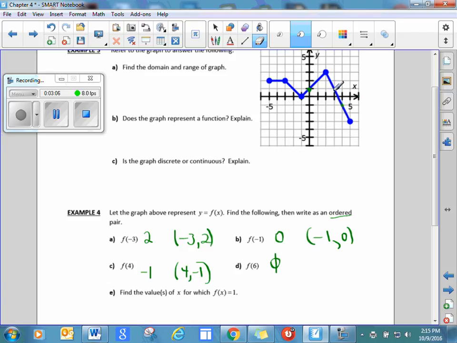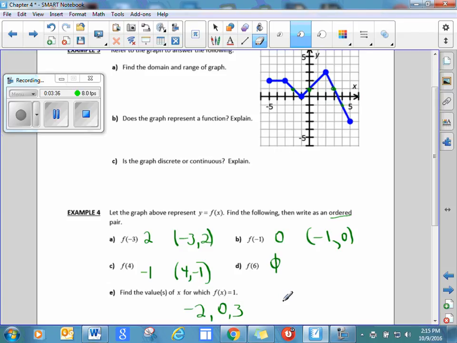This point right here, y is equal to 1. And this point right here, y is equal to 1. So we have our y values of 1. What would our x values be? Well, they would be 0, -2, and +3. So the x values of -2, 0, and +3 all give you y values of 1.